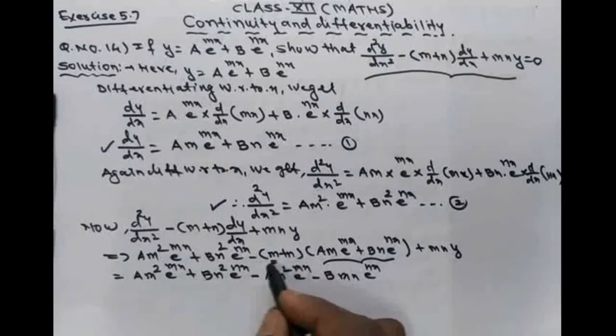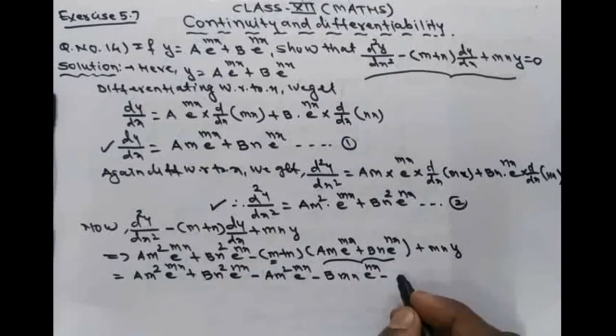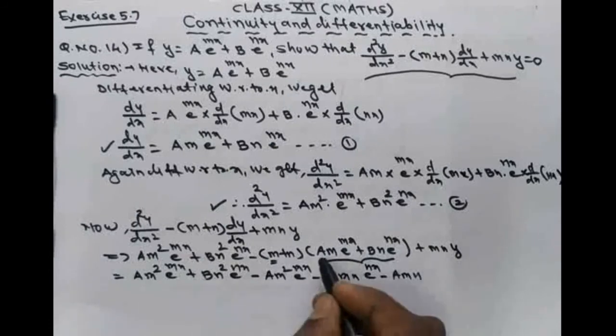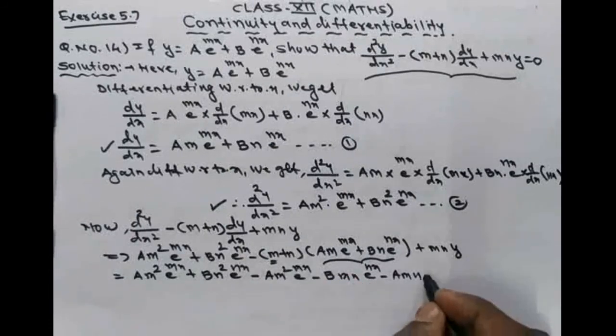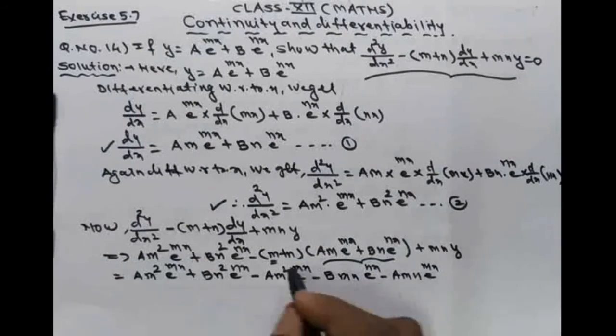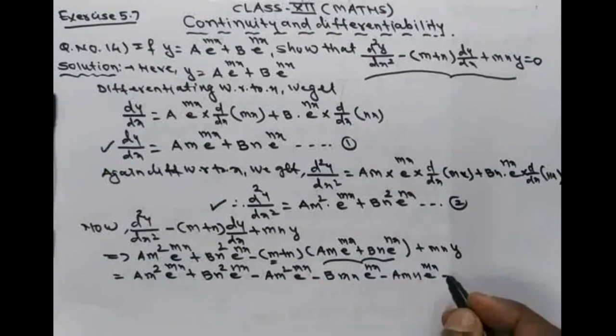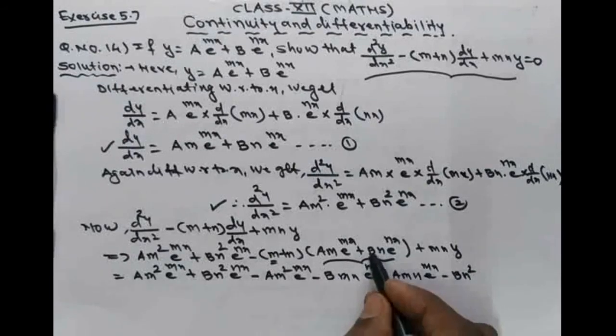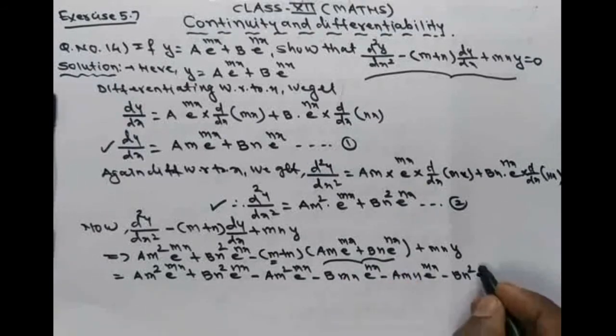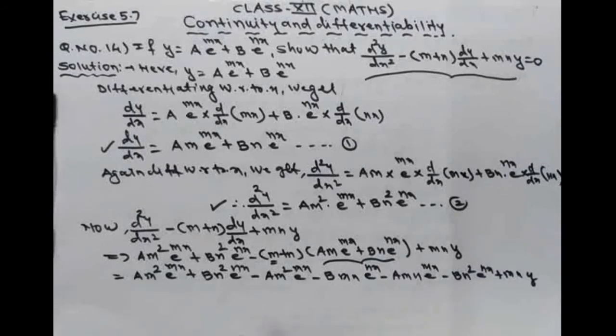Then multiply with minus n, so minus a m n e^(mx), then minus b n² e^(nx), then plus m n y.